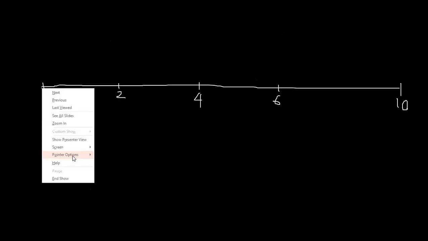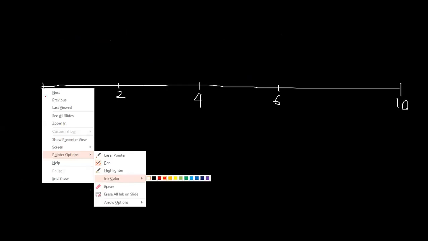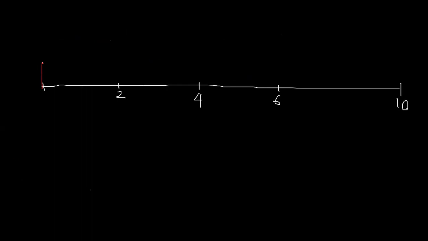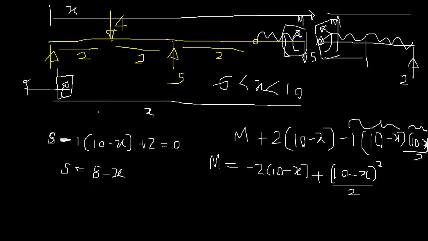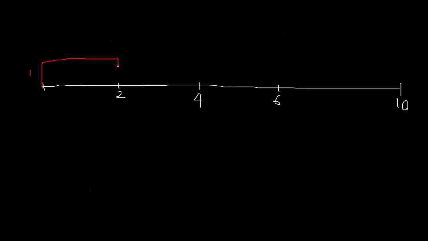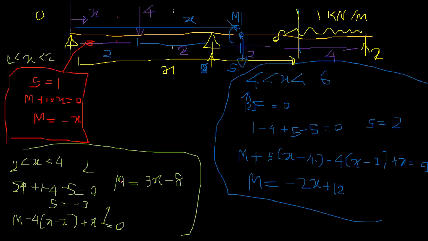That means at the start you have a load upward, so positive shear of 1. That remains unchanged until 2. At 2, you have 4 kilonewton downward, so you have to go down by 4. 1 minus 4 is minus 3, and that remains unchanged until 4. That's why S equals minus 3.